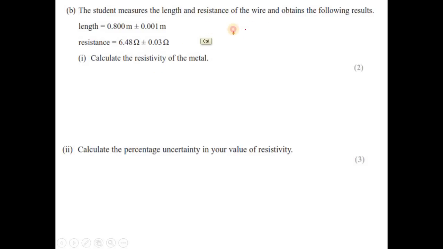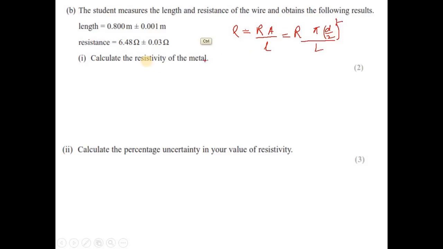The resistivity rho is equal to RA by L, where A is the area, and area is pi r square or pi d by 2 whole square, upon length. So you have diameter, you have length and the resistance, and you can find the resistivity.